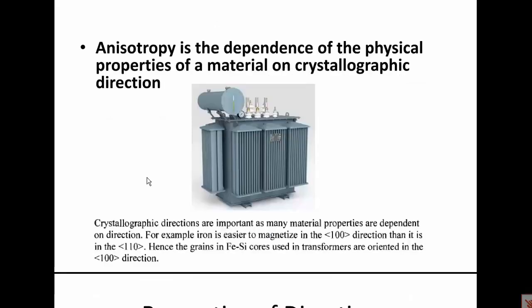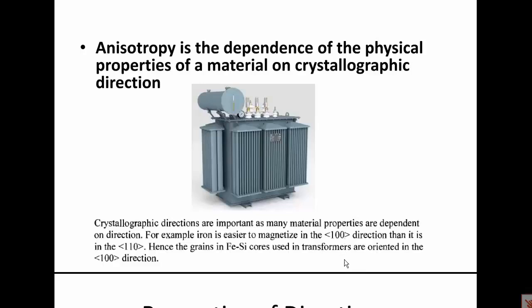An example of this is the iron alloy used for transformer cores. In a transformer, the energy is transmitted by cycling the magnetization of the iron core. We can make a more efficient transformer if we understand that iron is easier to magnetize in the 110 direction.